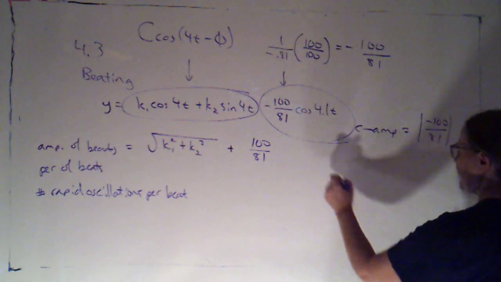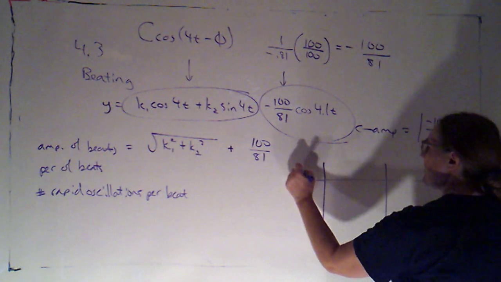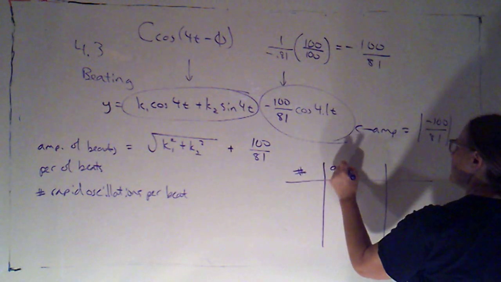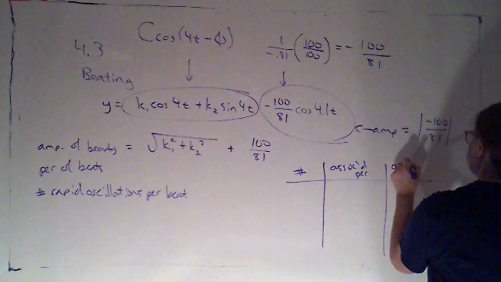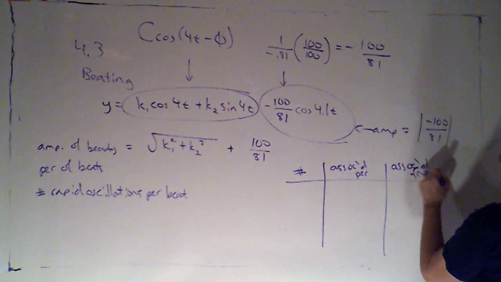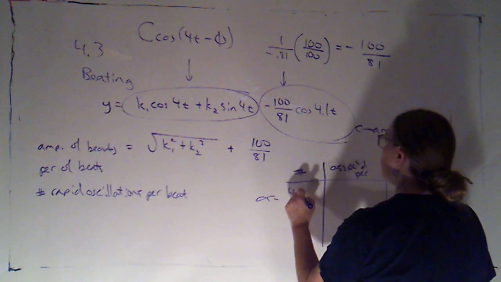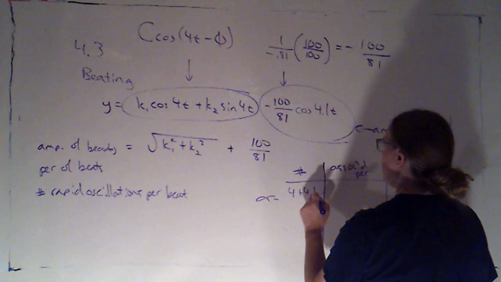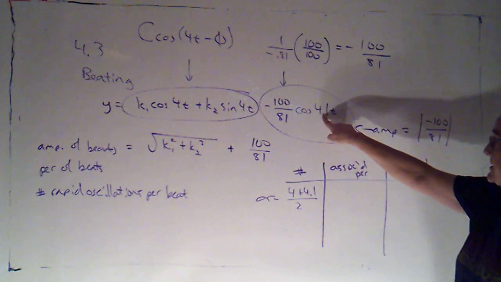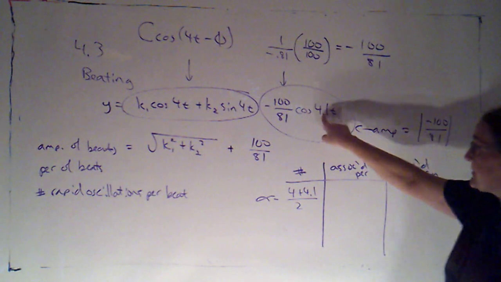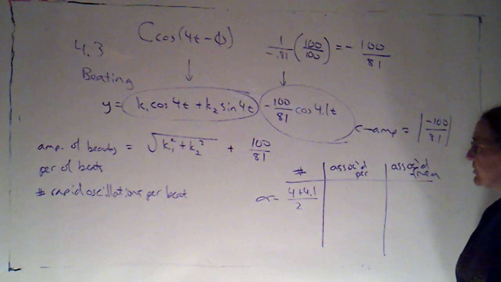For the most part, people were pretty good about finding the rest of the information. So I'm just going to list the number, the associated period, and the associated frequency. Alpha would be 4 plus 4.1 over 2. 4.1 is the angular frequency of the forced response. 4 is the angular frequency of the natural response.